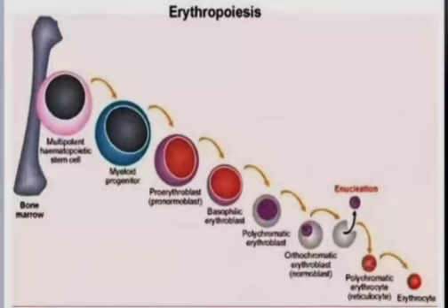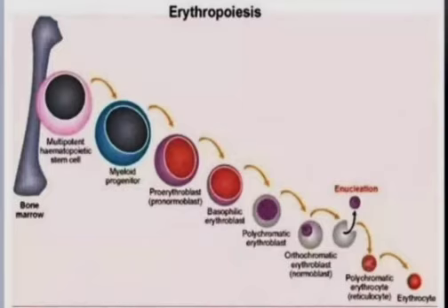The nucleus is lost at a particular stage. And when that happens, the final stage of erythrocyte production will have no nucleus. Alright, a mature erythrocyte does not have nucleus.